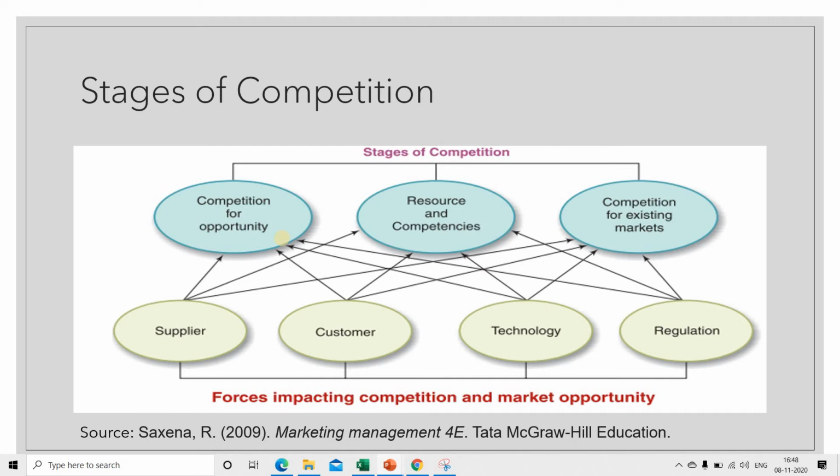So in the second stage, the entire competition is for resources and competencies. So these firms which are capable of extracting information, generating value from information, and taking some data-driven decisions. As we say, data is the new oil.